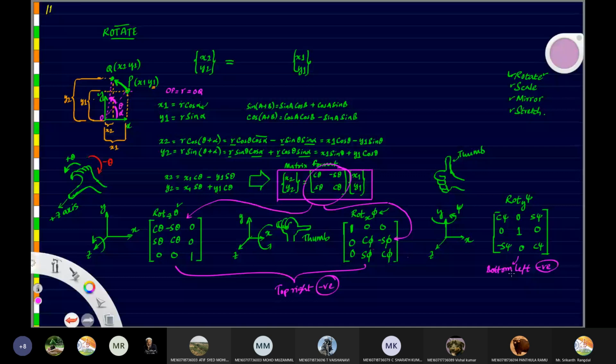So you have to remember all these formulae, and you should not get confused between x, y, and z. Please don't get confused. Is this clear? Any doubts here?